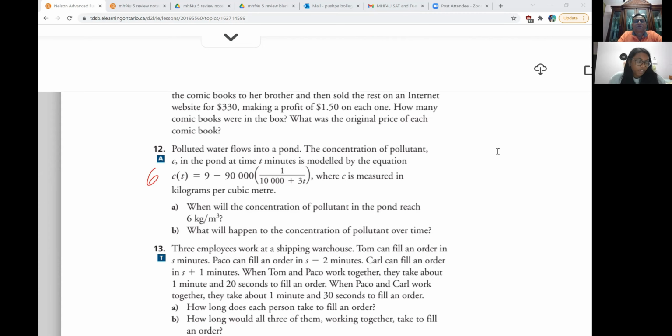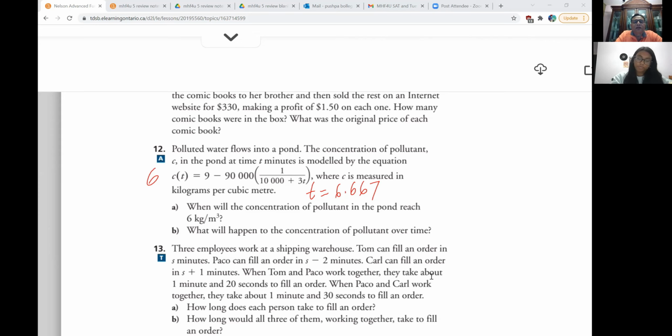And then I solved that to get t equals 6.6667. So that was your time in minutes. So what is happening? The pollution is decreasing, correct?